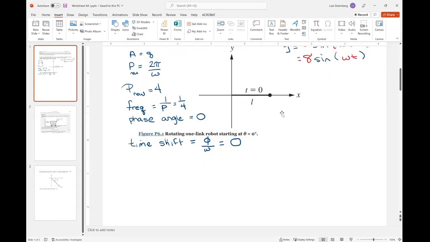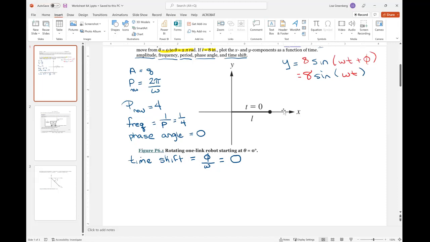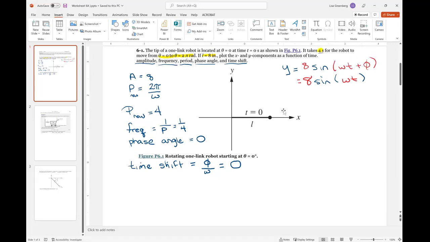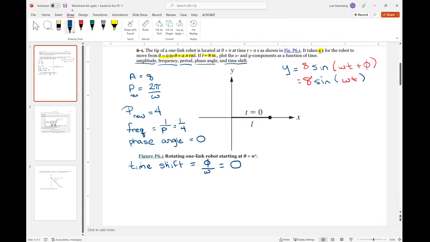So, we didn't find omega. I'm sorry. But we do know that P is equal to 2 pi over omega. And we know P equals 4. So 4 is equal to 2 pi over omega, which means omega is equal to 2 pi over 4, which is equal to pi over 2.